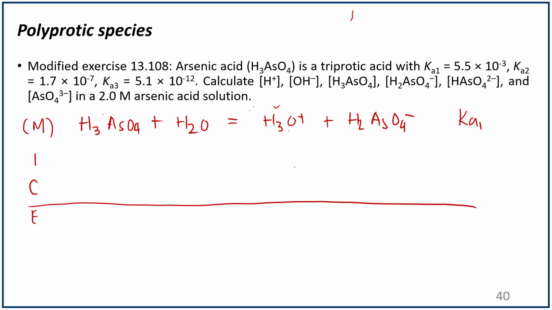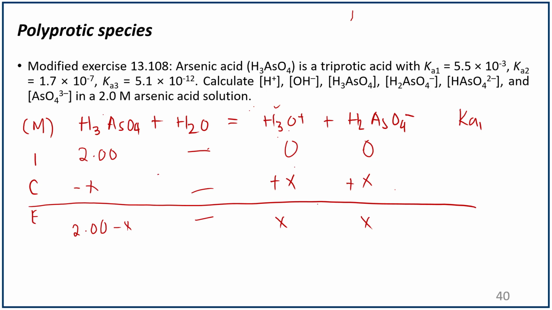Okay, then we are beginning with 2 molar of arsenic acid. Okay, so 2.00. Okay, and then again ignore water, and then 0, 0, and then here we have minus x. Okay, when the system is about to reach equilibrium, this is x and this is x, and then this one should be 2.00 minus x. This is x and this is x.